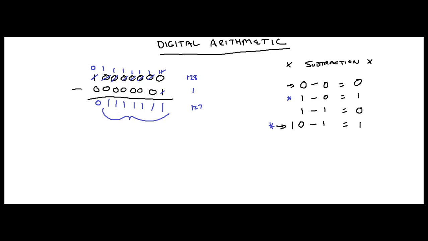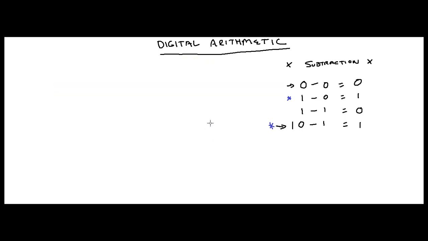Alright everyone, let's do one more, shall we? I hope this is making sense to you. It takes some time. So let's try this one. 1, 1, 1, 0, 0, 1, 1.